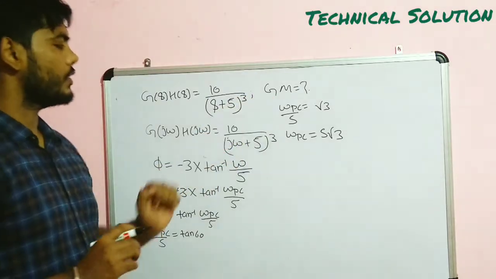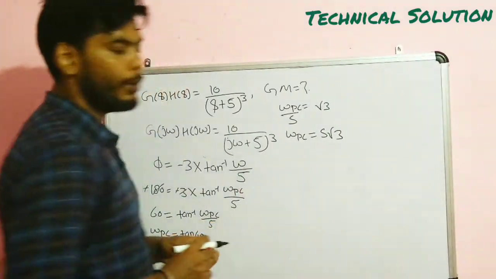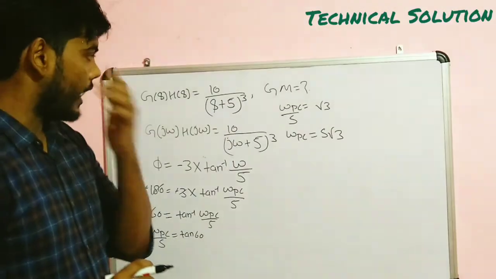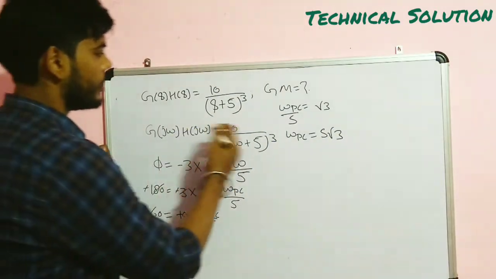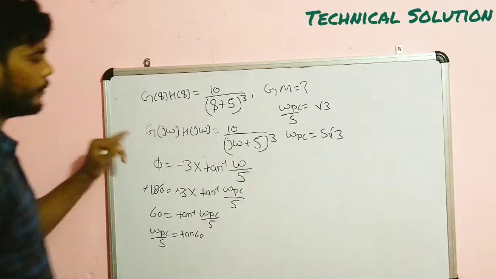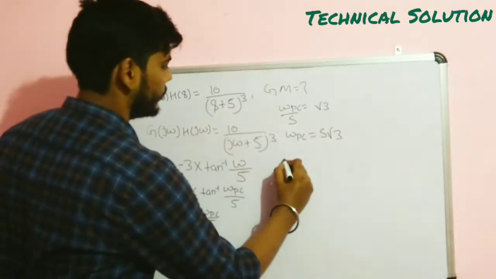The gain margin is based on the open loop gain of the system at the phase crossover frequency. So first we find the magnitude of the open loop system.